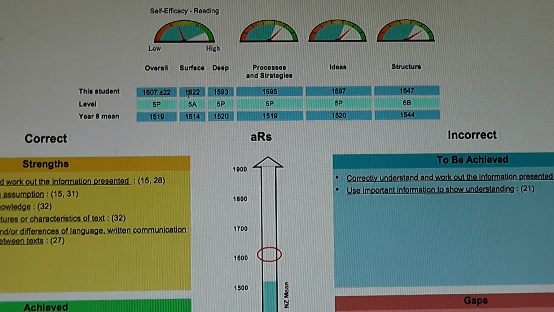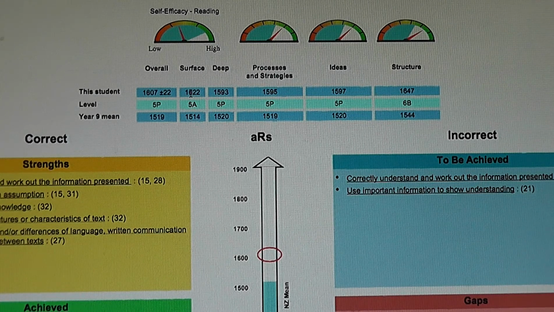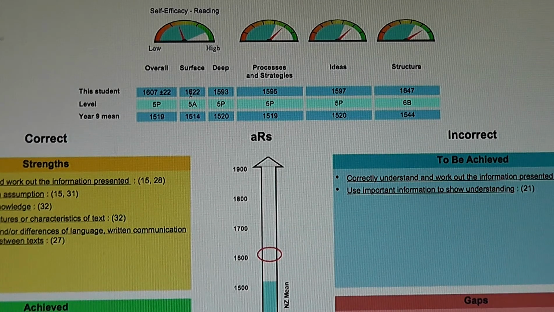The difference between surface and deep, of course, is that surface is their ability to read some text and literally take ideas that are in the text and able to be almost cut out of the text and included in the answer. But the deep level is their ability to read a blob of text and then see what's suggested in the text, to see what the ideas are that have been inferred in there. So it's a slightly different skill.